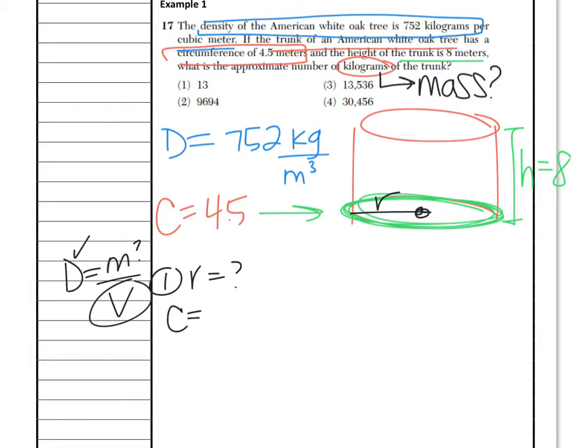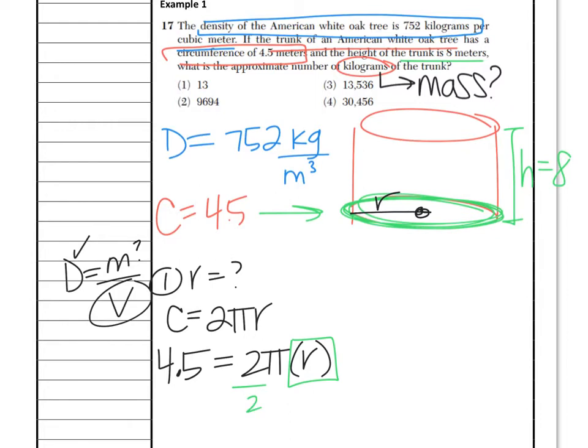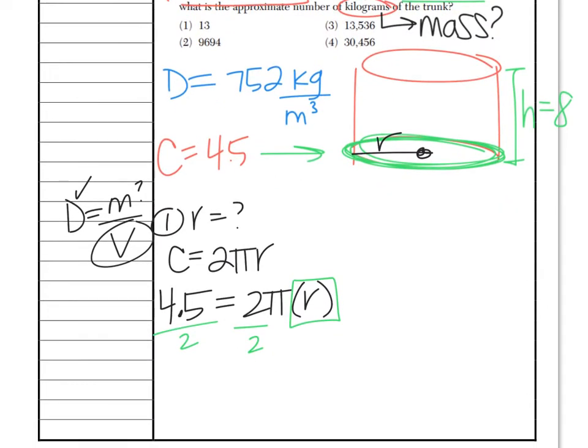Circumference is a formula that's given on your reference sheet as 2 pi r. If I know that circumference is 4.5, it's equal to 2 pi times the radius, which is unknown. So we're going to solve for this radius. I have to divide by 2, so that's 2.25 equals pi times r.